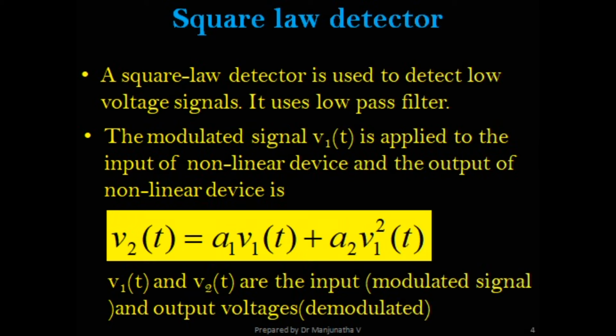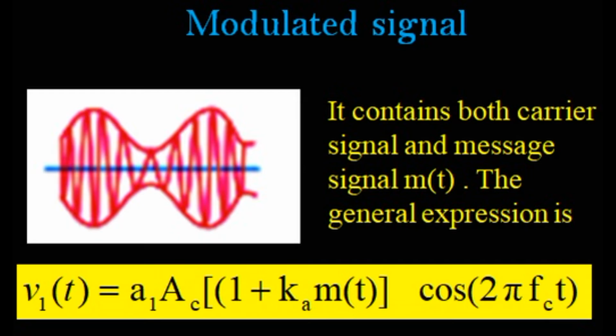Here V1(t) is the input signal, that is the modulated wave. V2(t) is the output of the diode. A1 and A2 are constants. The modulated wave contains both the carrier wave as well as the message.